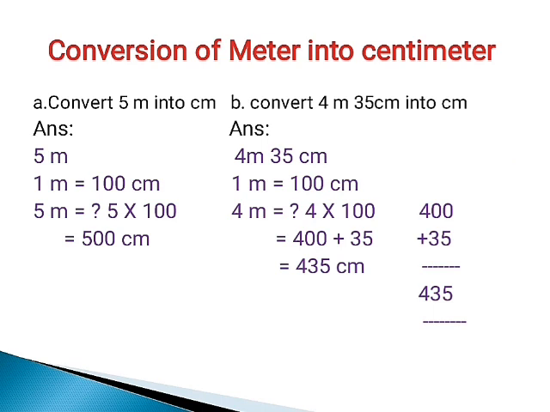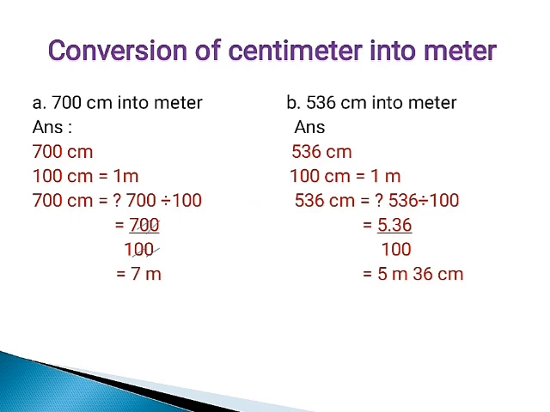So 0 plus 5, 5. 0 plus 3, 3. 4 as such. So answer is 435 centimeter. If the sum has meter as well as centimeter, keep the centimeter as such. Meter alone convert, then along with that you should add centimeter. Then finally we'll get the answer.